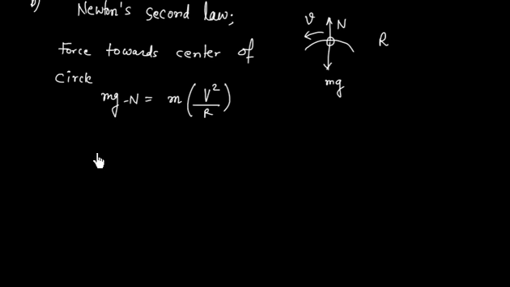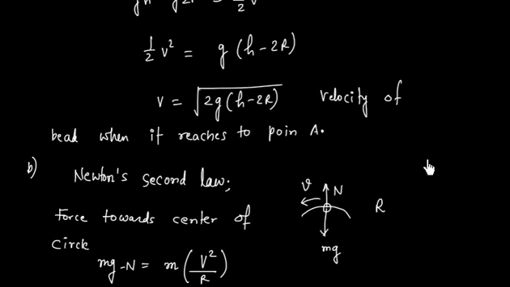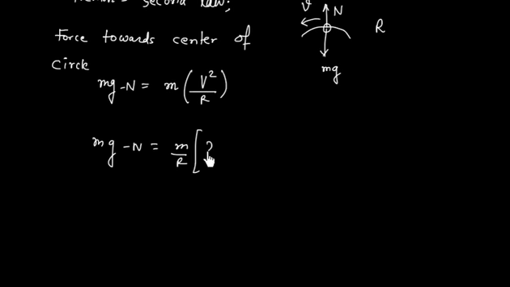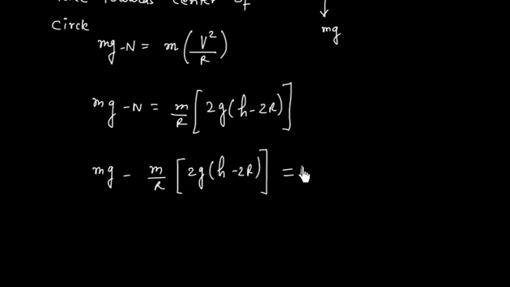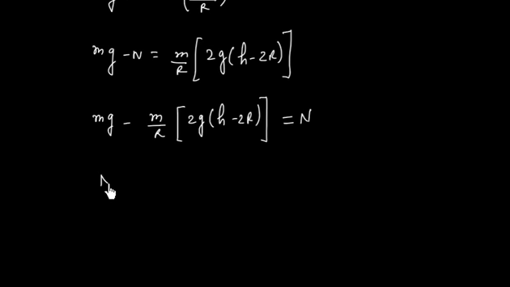Now we know v square, and mg minus N, and v square we have calculated in part A, that is 2g(h minus 2r). So we will have mg minus (m by r) 2g(h minus 2r) is equal to normal reaction.